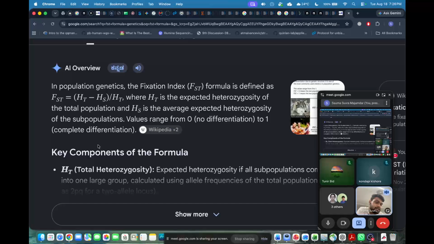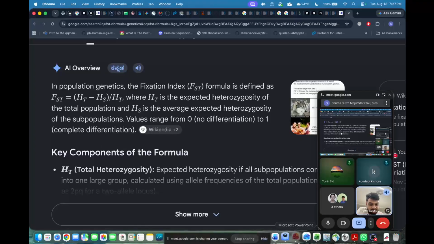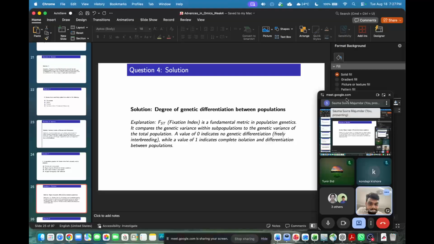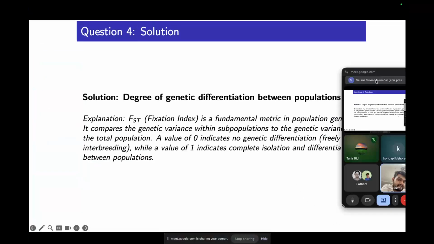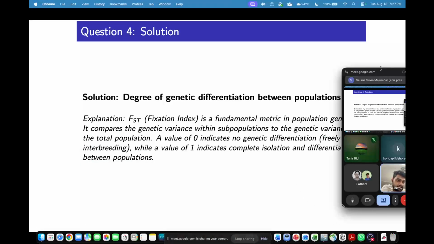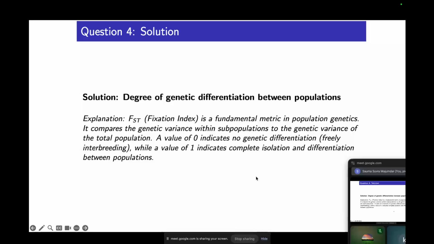So the closer it is to 1, the more different the two populations are. The closer it is to 0, the more similar the two populations are. FST and I think Tajima's D to a certain extent, and also fixation indices like this actually calculate population differentiation.